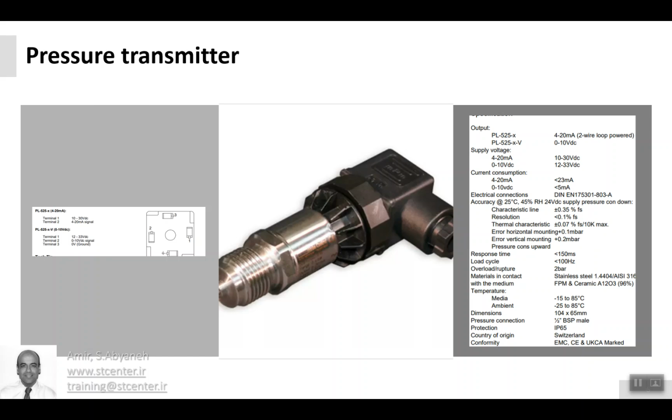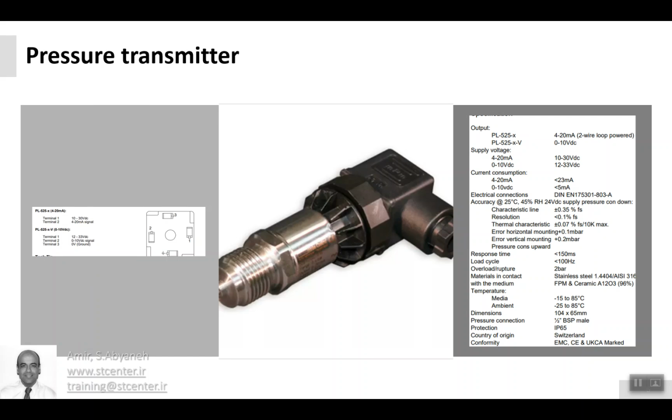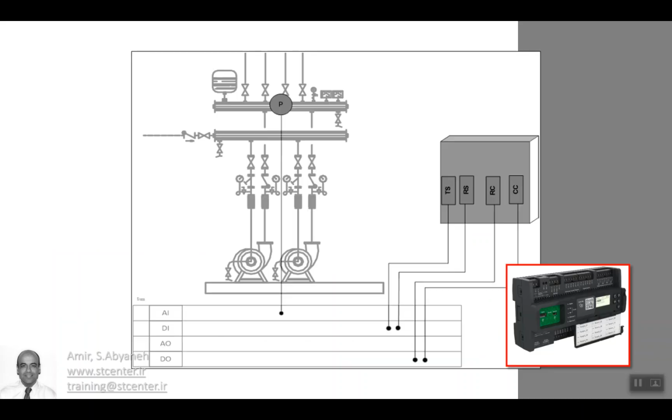Most of the time it needs 24 volt DC to switch it on. Also, when you choose it, you should take care of the pressure range it is going to detect. So it is important to read the data sheet of each sensor, actuator, valve, controller, and so on.